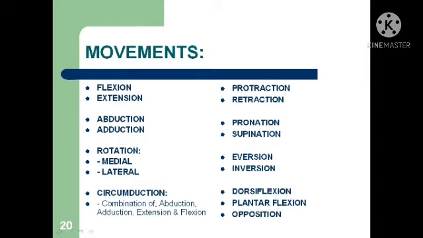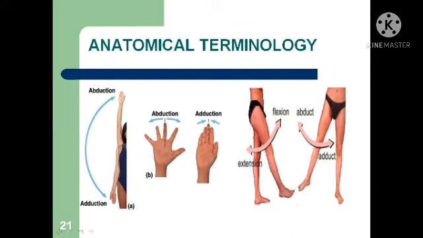These are almost paired, one against the other. For example, the flexion and the extension movement. Flexion is simply the reduction of the angle between two bones, like when we bend our elbow.